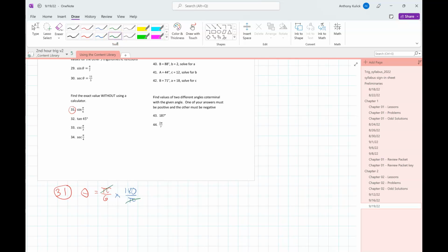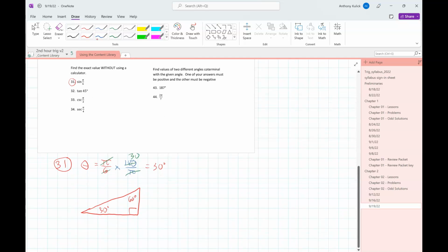So the pi's cancel out. 6 goes into 180 30 times. So I'm left with this is 30 degrees. So if I draw my triangle now, what I have is a 30, 60, 90 triangle.